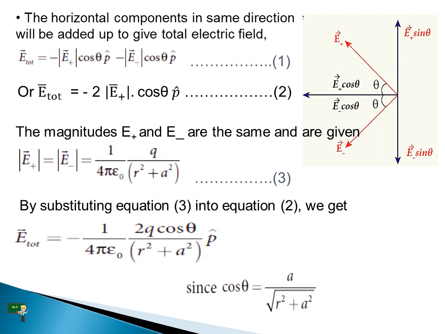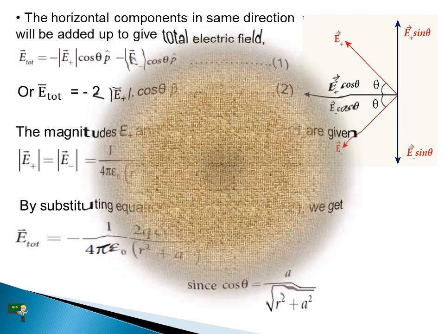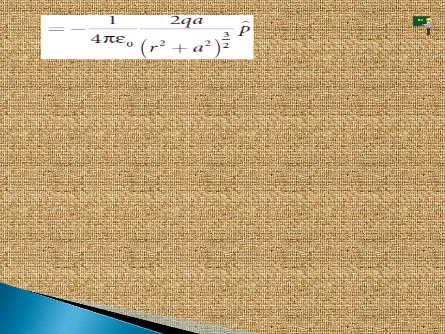We cannot use the term as it comes. So, using the picture, we put cos theta is equal to A divided by root of R square plus A square. By substituting this in the equation, instead of cos theta we put A divided by root of R square plus A square.